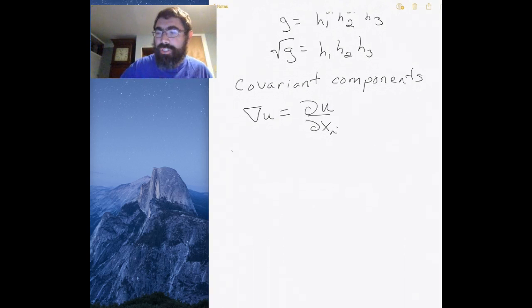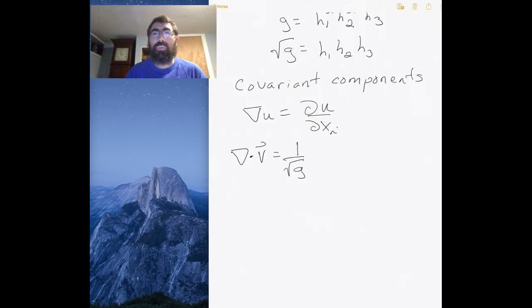For the divergence of a vector function, I could write this very compactly as 1 over the square root of the determinant of the metric tensor, the covariant derivative of the square root of the metric tensor times the contravariant vector components.